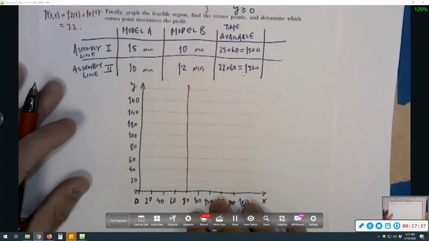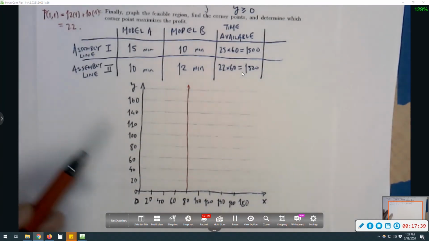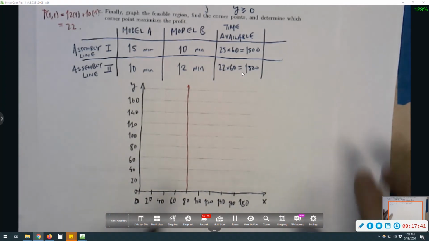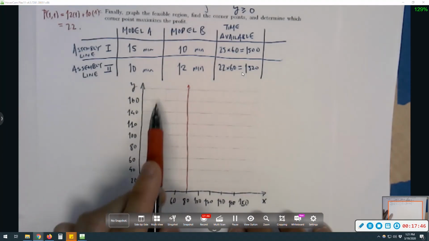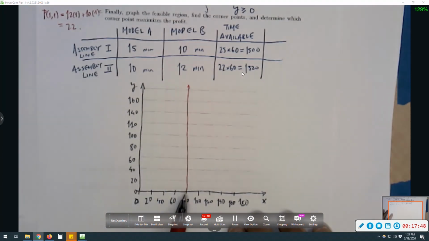And remember that our convention is that we shade the region that's not part of the solution. This part is part of the solution because all your x's are less than 80 here. So we're going to cross this other side out.